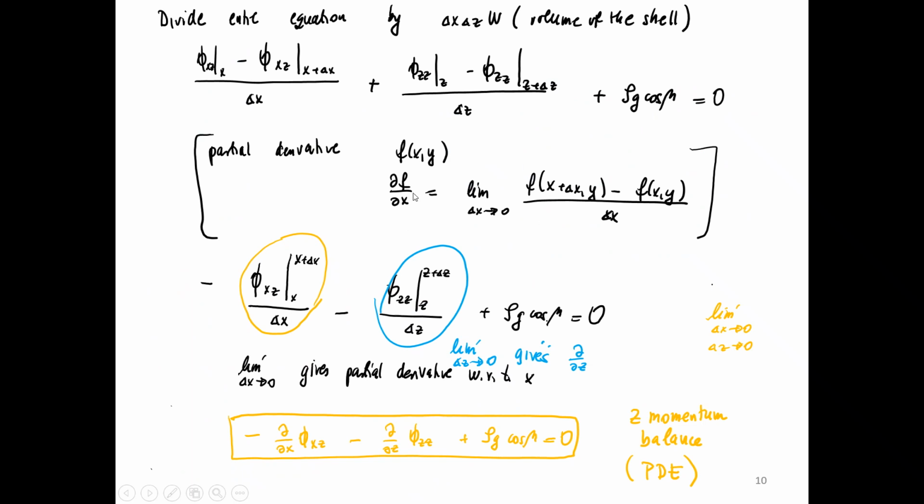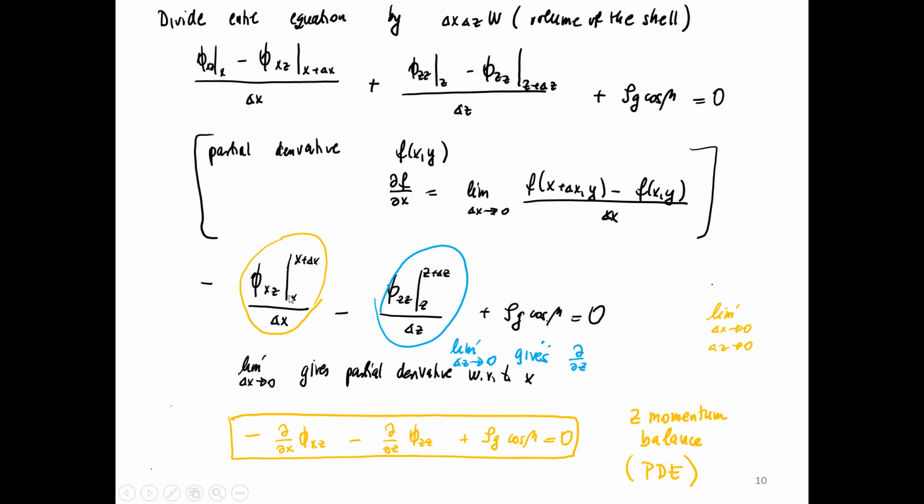And then I remind myself that partial derivatives, their definition in general, for some general function f, is the limit when I shrink delta x to 0, for instance, of f of x plus delta x minus f of x, divided by delta x. This is my f evaluated at x plus delta x and f evaluated at x. So basically, I can rewrite this by putting minus up here.